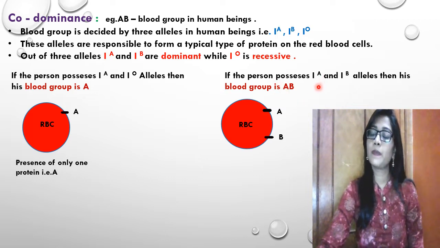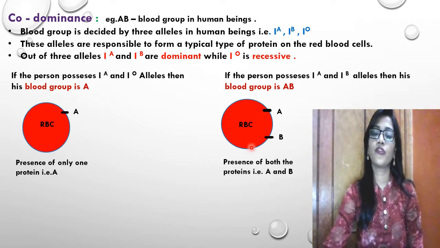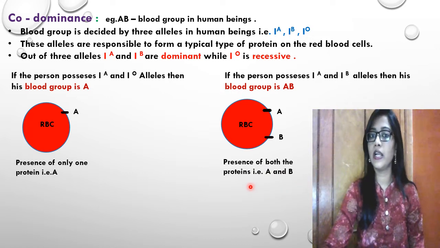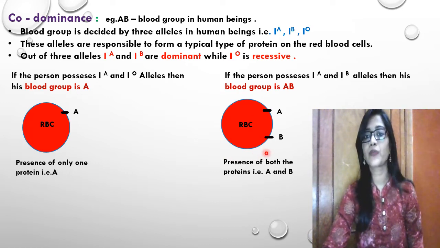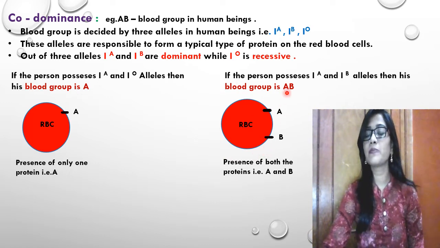Because, see, this is the RBC of that person, where there is presence of both the proteins, A and B. These two proteins are present on the membrane of the RBC.